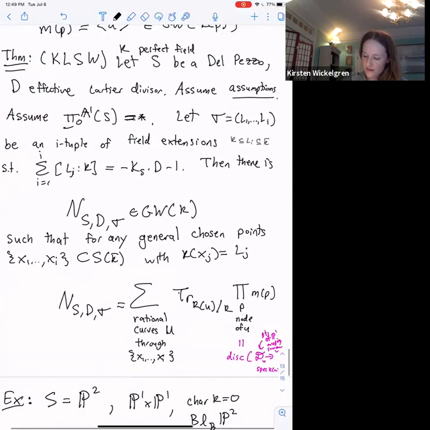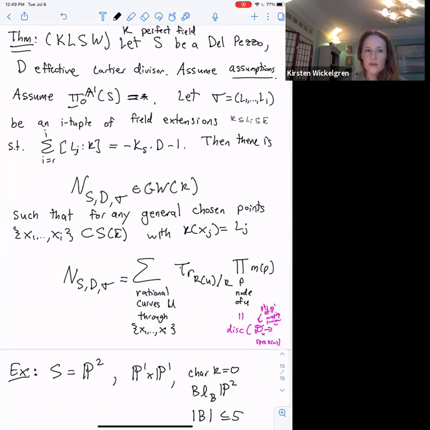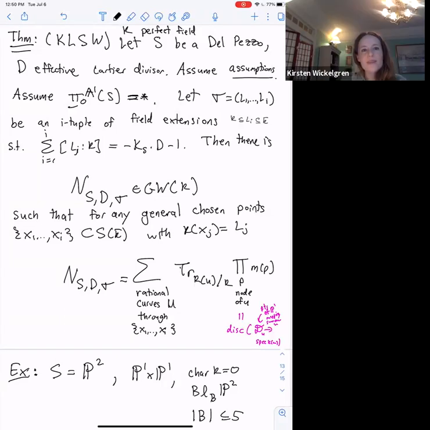Okay, so that's the main theorem. Are there questions or comments about that? Sorry, I was just wondering, could you clarify what general means, since you're working over a non-algebraically closed field? Oh, sorry. So there's an open subset of the rational points of the associated restriction of scalars.